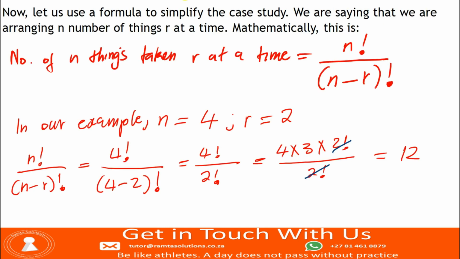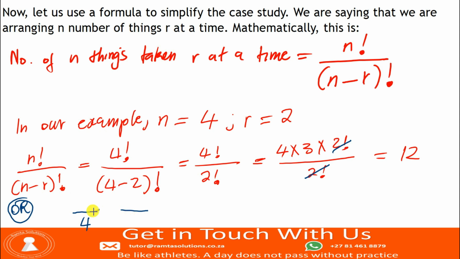And I also need to say to you, instead of going this route, you can alternatively use the counting principle. For the first place, you have 4 people to choose from.